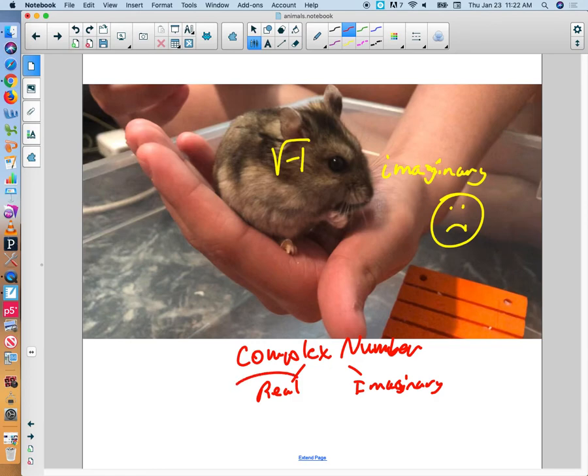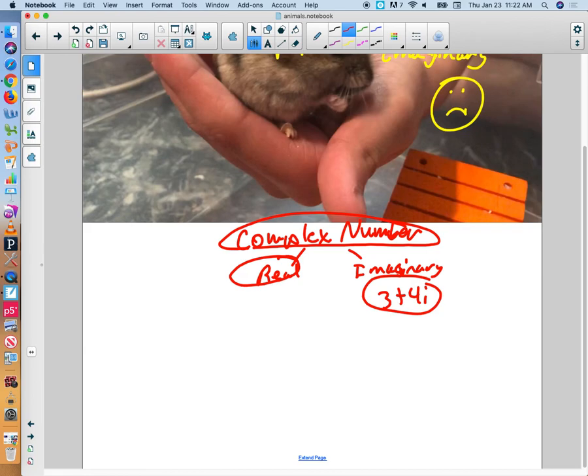We spend almost all of our time here, but really many numbers are what we call complex. And teachers even tend to say just imaginary and real, but we really have to look at numbers that are complex. They have a real component and an imaginary component. We even graph them, like 3 plus 4i.